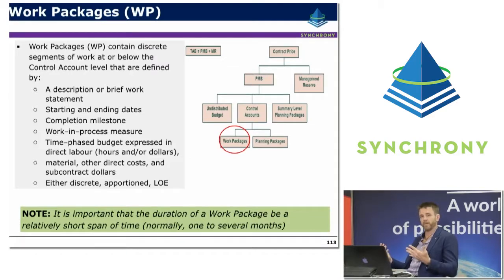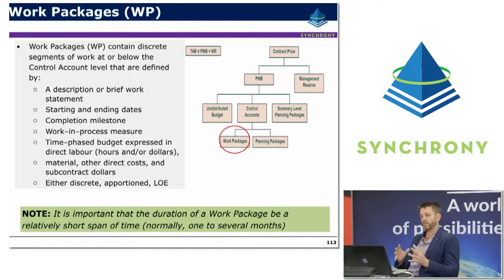So if it's a work package for management, for example, the performance measurement technique can be just based on the expiration of time. But as much as possible, particularly for discrete work, the ideal would be to have a discrete performance measurement technique. The other aspect is the duration of a work package.